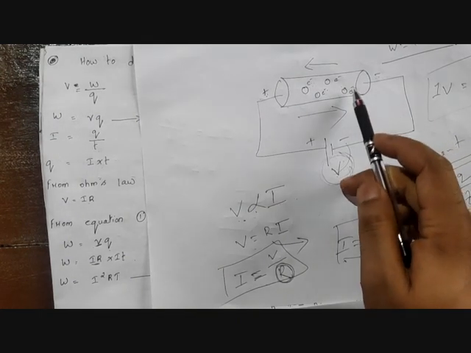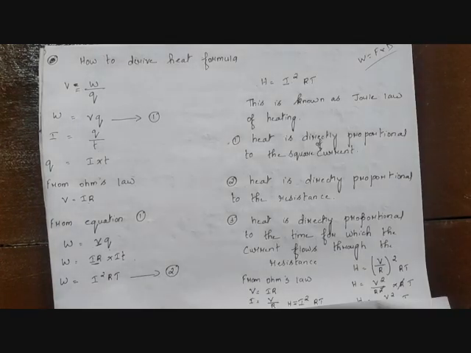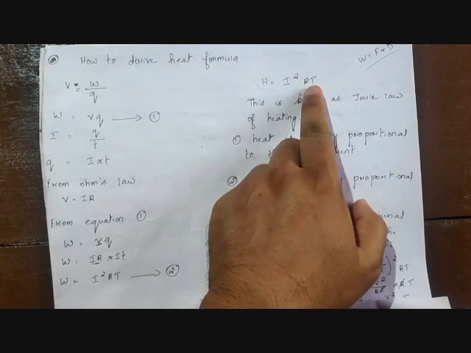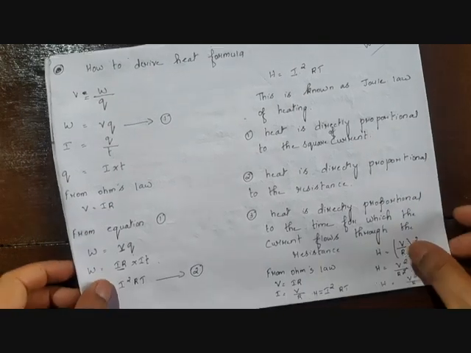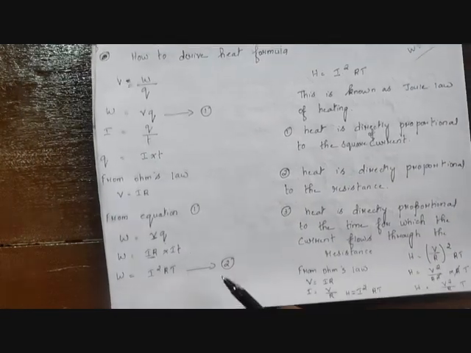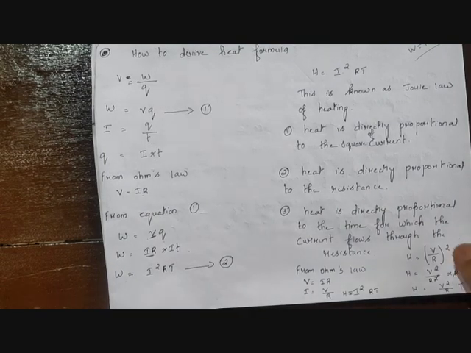If the electron collision is less, resistance will be less. So students, remember one thing, if resistance is more, heat will be more. And heat is always equal to work and energy. Clear? So this is about Joule's law of heating. Remember, students, you have to know these equations. It will be helpful in numericals.